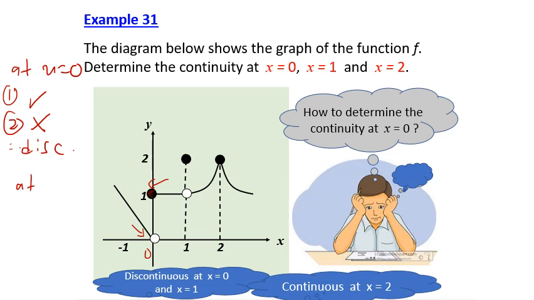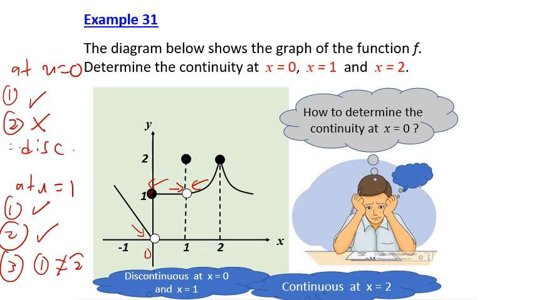And then at x equals 1, as we can see here, number 1, it is defined. Number 2, the left and right hand limits approach the same point, true. However, number 3, number 1 is not equal to number 2, so therefore it is discontinuous.